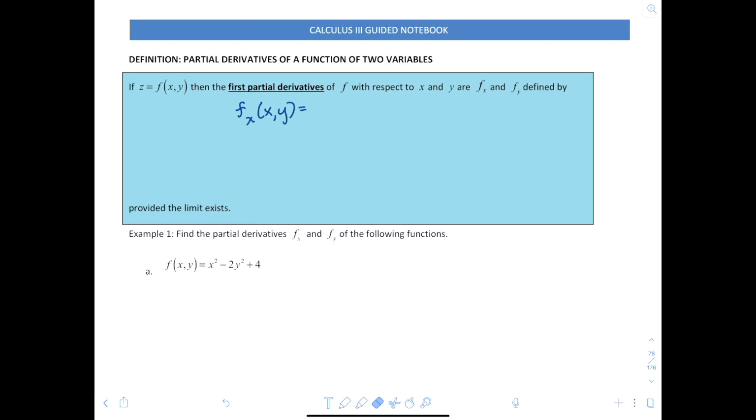And in our last section, I think we actually did a couple of problems where we found a couple of limits like this. So the limit as delta x approaches 0 of f evaluated at x plus delta x and y minus f at x and y all over delta x.